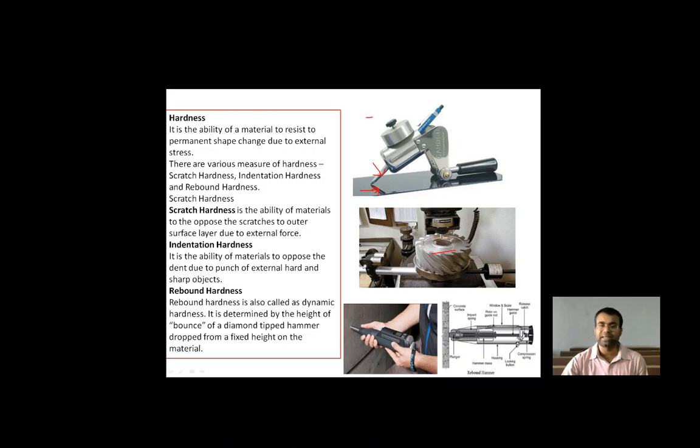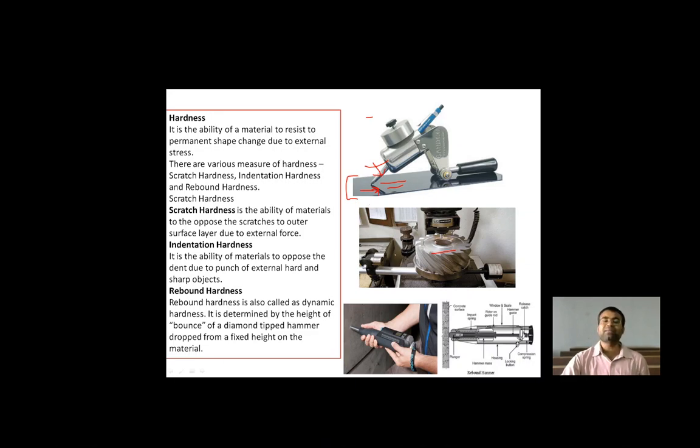So there is a scratch mark being drawn on that material. If that material does not show any scratch mark, that means that material is harder than the scratching tool. So that is how we define the hardness of that material, that it can resist the scratching of that particular loading, right?